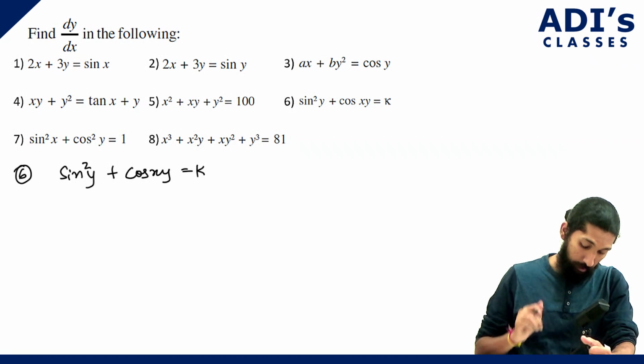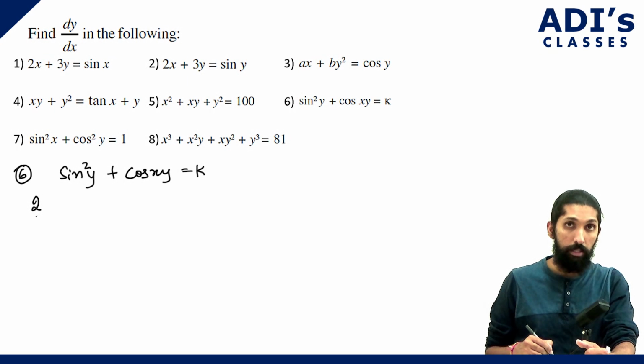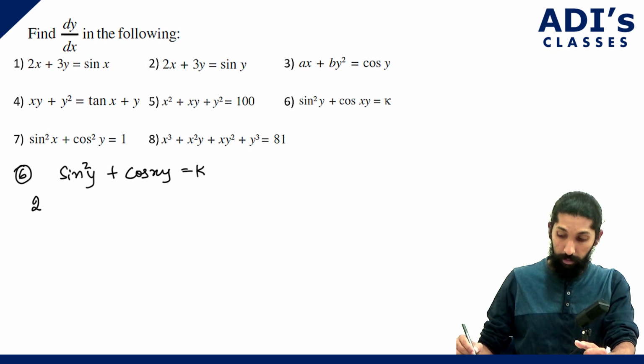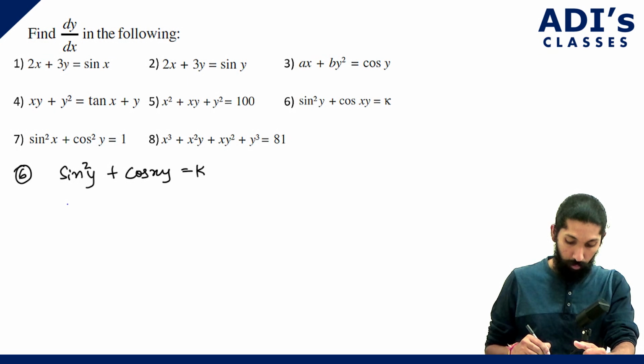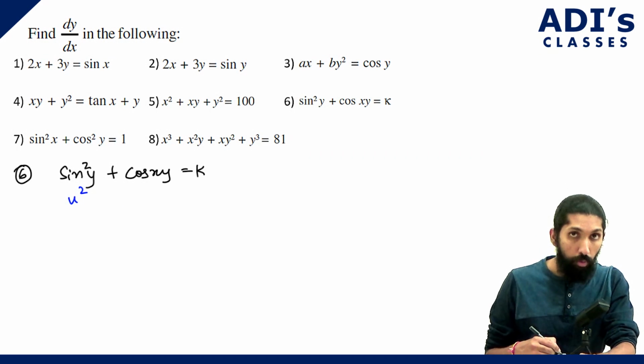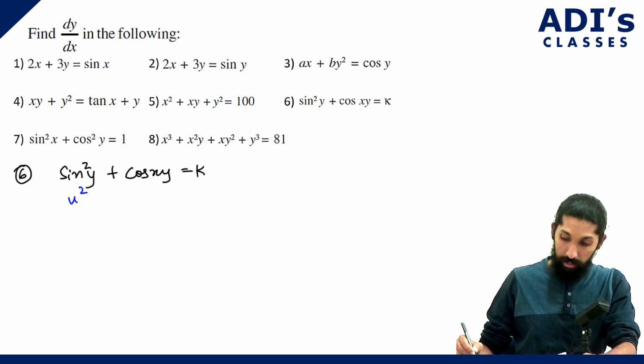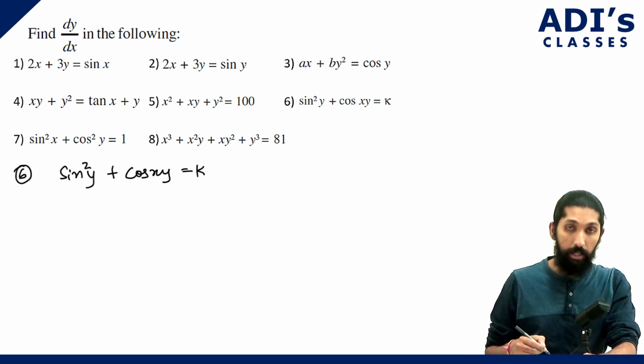So here also when you have sine square y, so what we are going to do, so 2 sine square, correct? So you can think of it like this. Imagine you have u square. U square will be 2u du by dx, correct? Likewise, here what do we have? Sine square y.